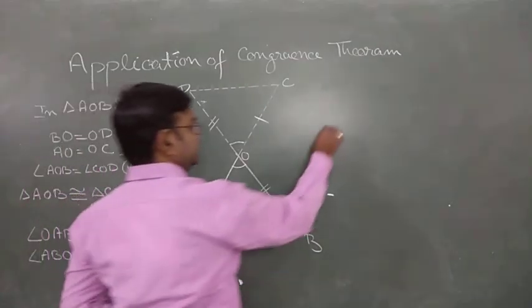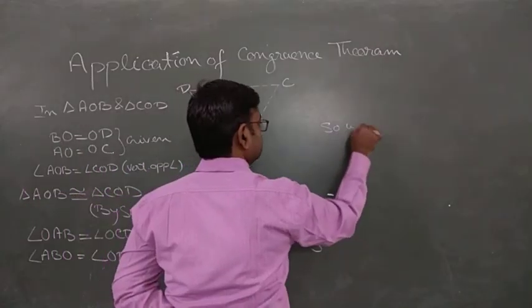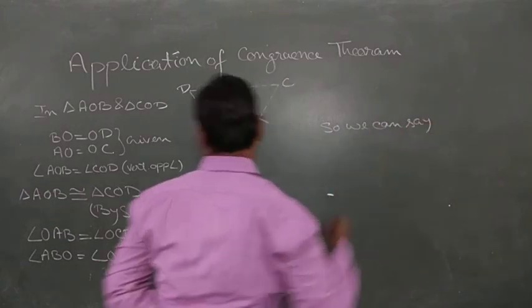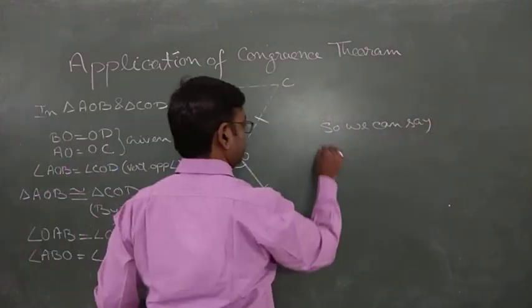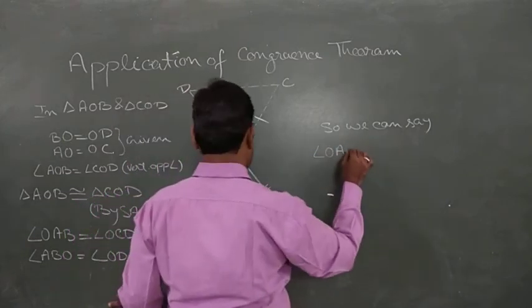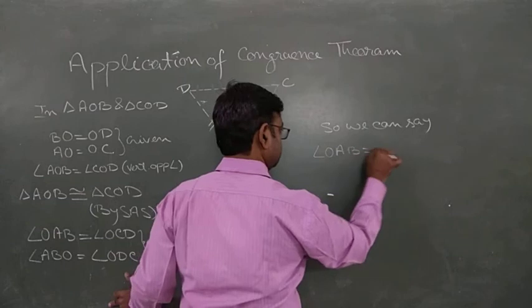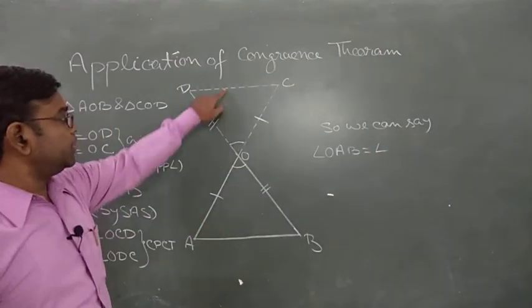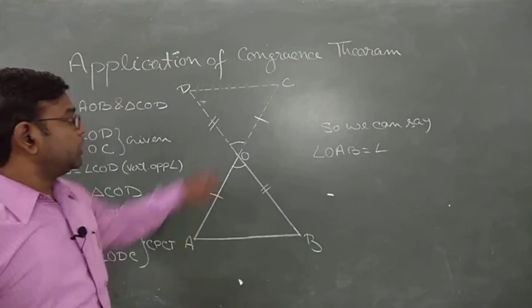Therefore, we can say, if we see these two, this is your alternate interior angles.